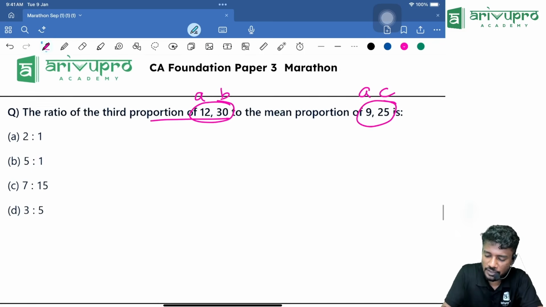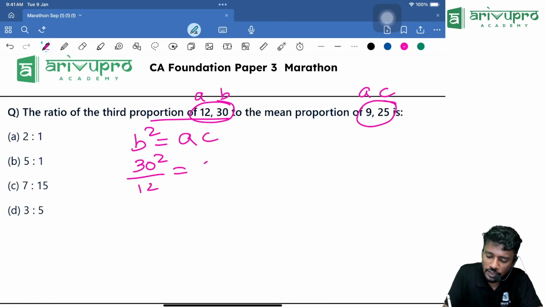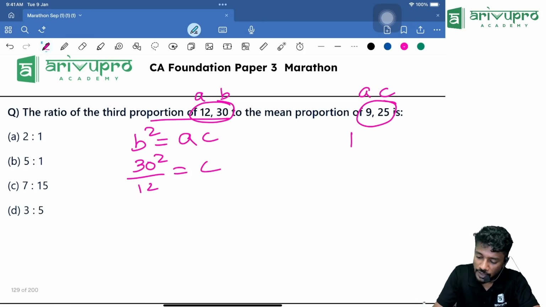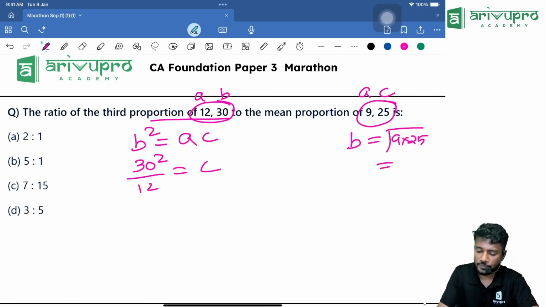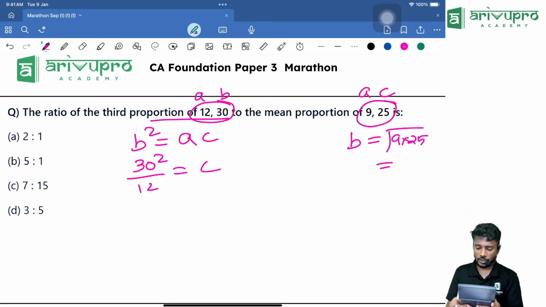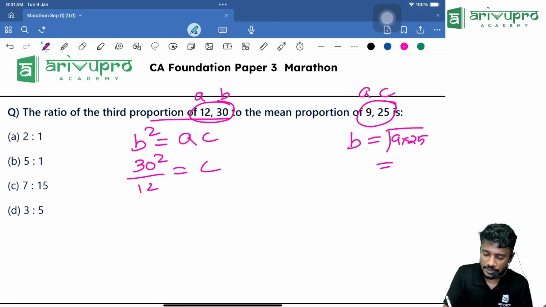In the first case, B square is equal to AC. So 30 square divided by 12 is equal to C. Similarly over here, B square is equal to AC, so B is the root of 9 into 25. C is 30 into 30 divided by 12, that is 75.